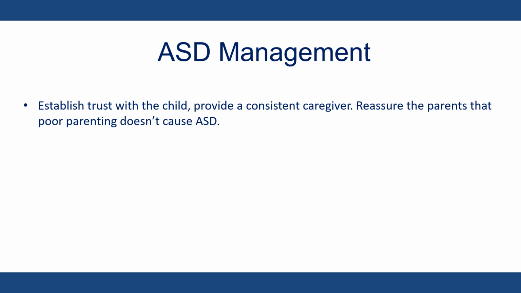All right, so let's talk about management real quick. I think the overall goal is to target core behavior to improve social interaction or communication and long-term skills in independent living. That would be a good overall goal for these clients.